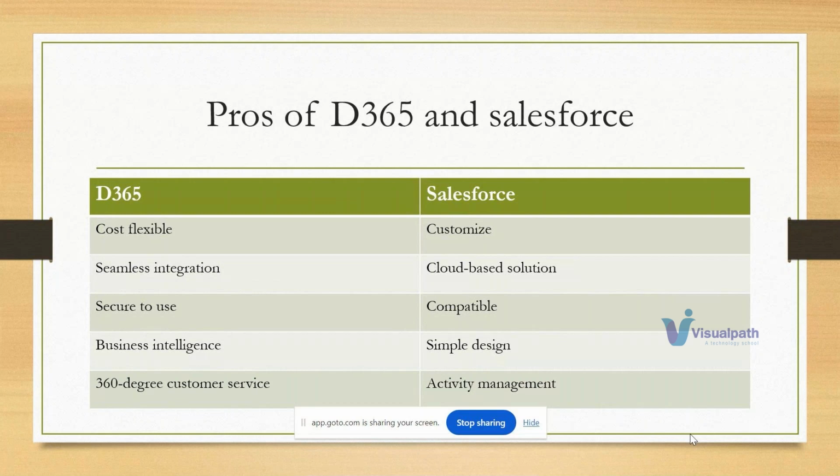Okay. And Dynamics 365 has seamless integrations, security, business intelligence, and 360-degree customer service. Seamless integration means, consider you have two applications, application one and application two. You want to maintain the data between those two applications in a seamless way.